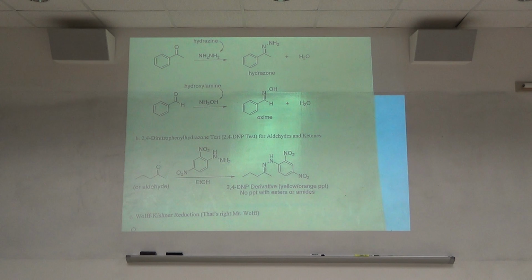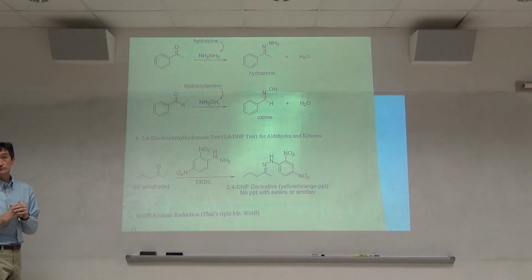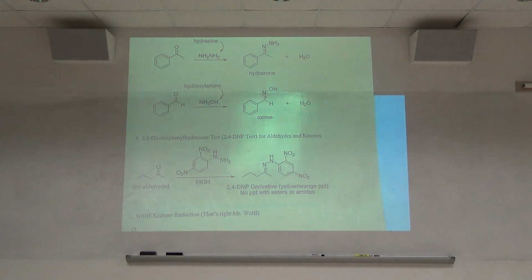One of the first things I would do is probably run an IR, right? See what type of functional groups you have. Okay, the IR shows a carbonyl. So now you're saying, well, it maybe is an aldehyde, maybe it's a ketone. Could be an ester though, because lots of esters are liquids. How could you distinguish between ester and aldehyde or ketone?